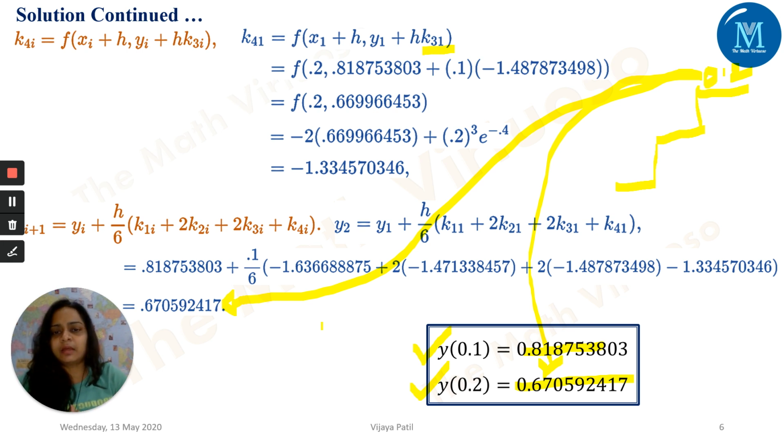This method is very simple and very accurate. Why? Because every time we use the previous value to calculate the next, so this approximation method gives a more accurate answer than any other method defined earlier.